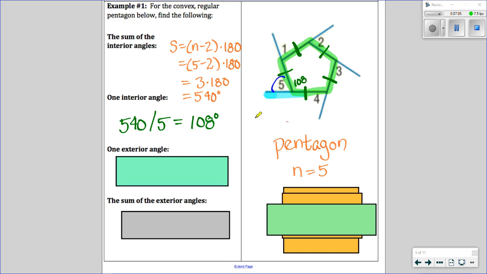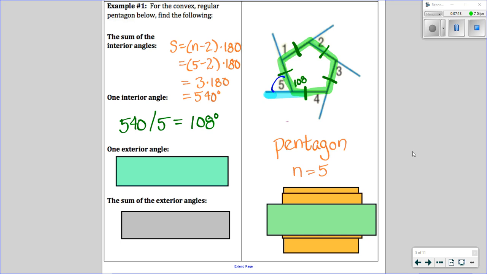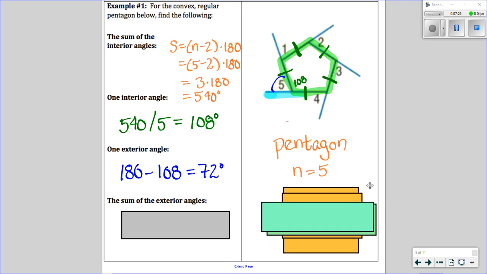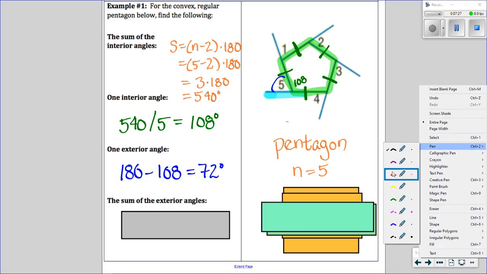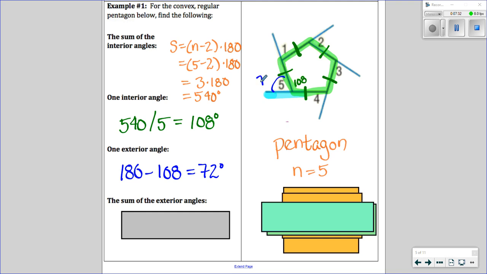What kind of angle pair is this? We said linear? Yeah, linear. And how do we find a missing angle in a linear pair? We know that a line is equal to 180. If we have one of the angles, then we subtract it from 180. So 180 minus 108, that means the exterior is going to be 72. So this one is 72 degrees. So that's for one exterior angle.